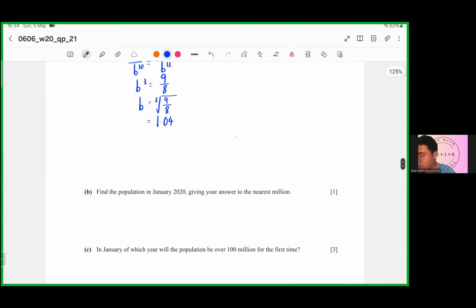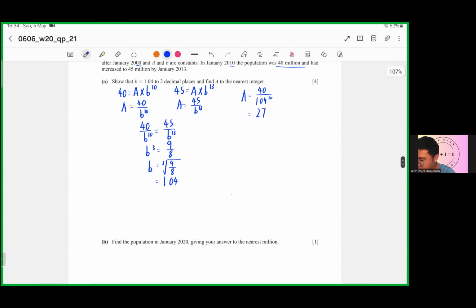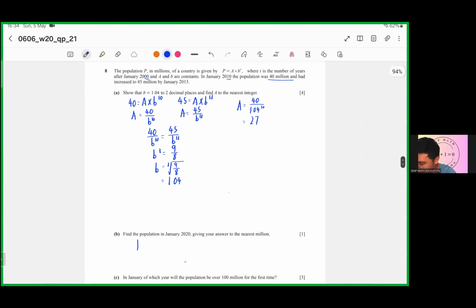Now we look at question B. Find the population in January 2020. Give me your answer to the nearest million. So we just take this equation: P equals 27 multiplied by 1.04 to the power of 20.